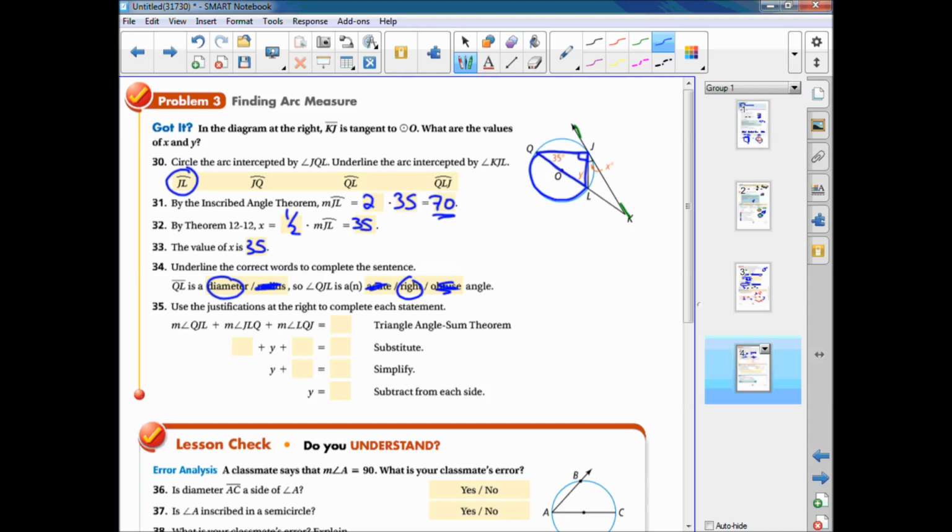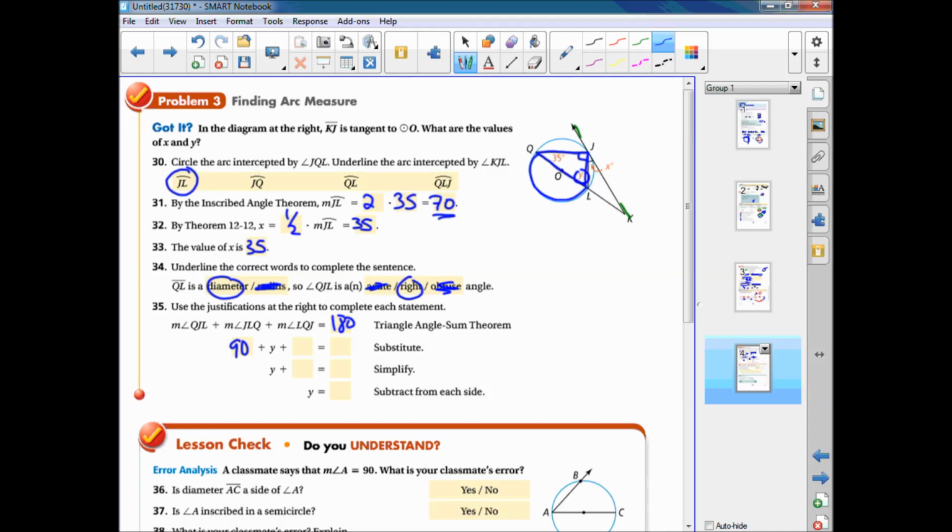So the measure of angle QJL plus JLQ plus LQJ is 180, and that's because that forms a triangle in there. And then we're going to replace QJL with what we got for it up above. So the measure of QJL is going to be 90. That's what we just determined. And then JLQ was Y. That's this one right here that we don't know yet.